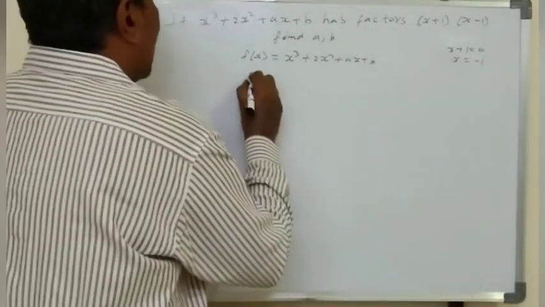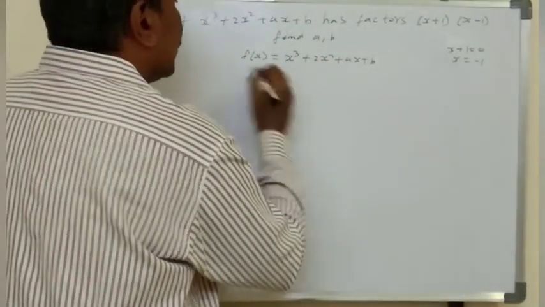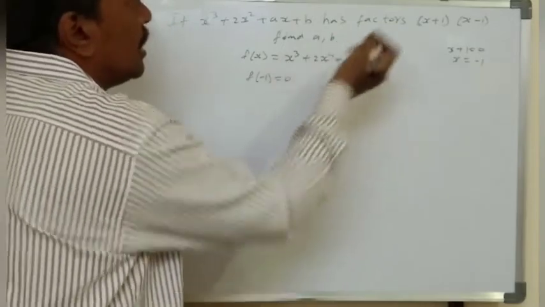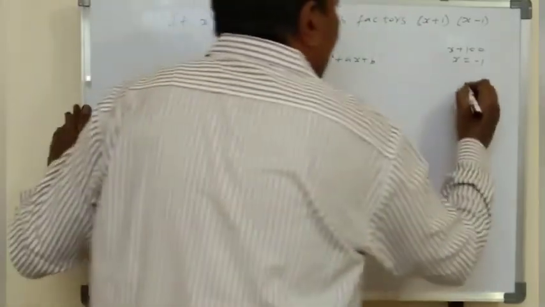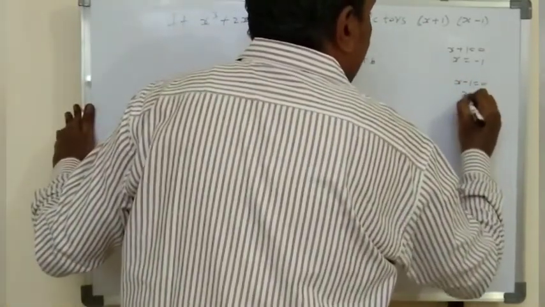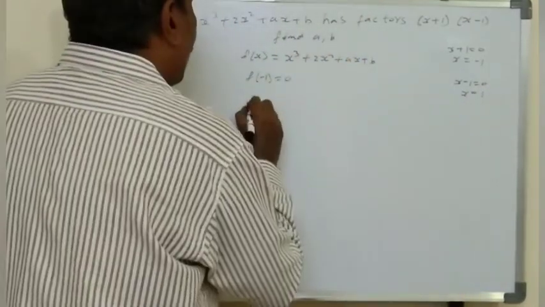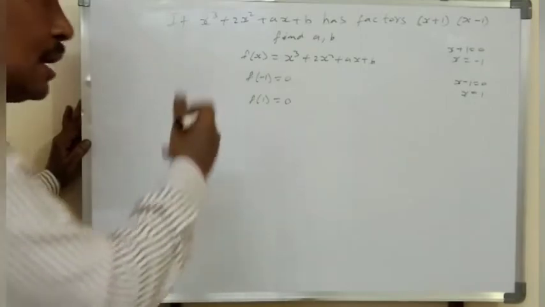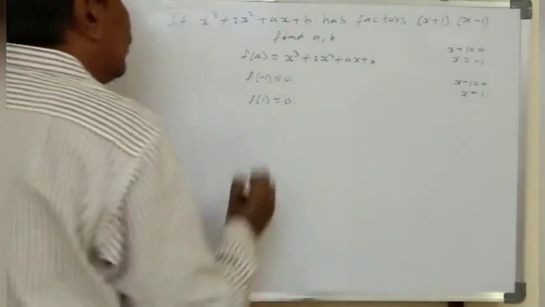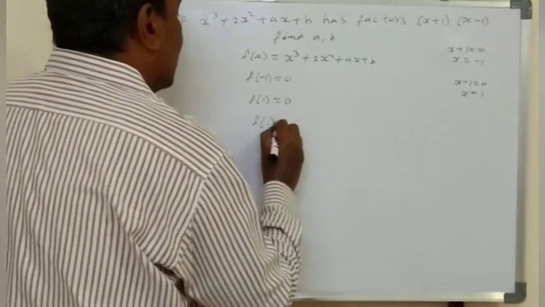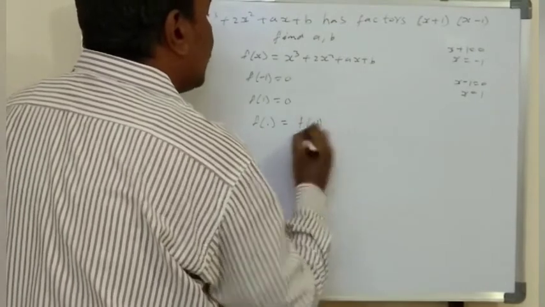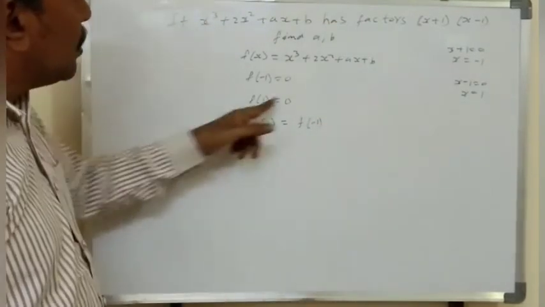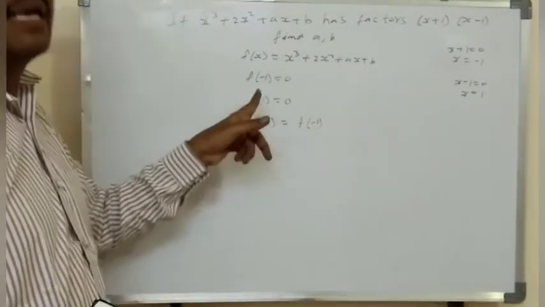That means f of minus 1 is equal to 0, because x plus 1 is one of the factors. x minus 1 is equal to 0, x is equal to 1. f of 1 is equal to 0. f of minus 1 is equal to 0, f of 1 is equal to 0. So what can we say? We can say that f of 1 is equal to f of minus 1. Both are equal to the same value, so these two are equal.